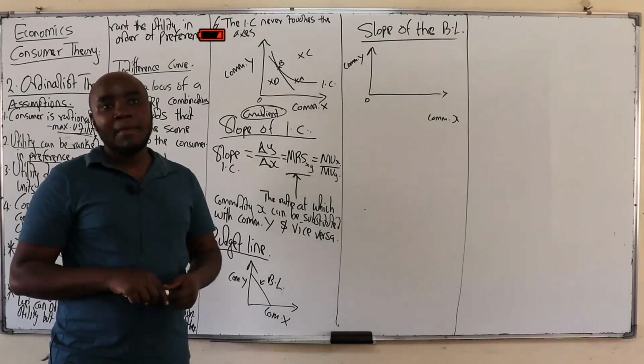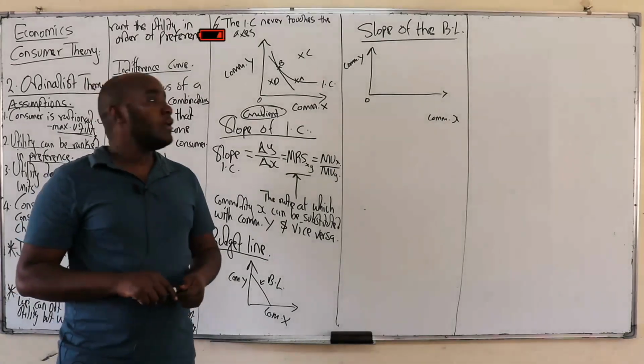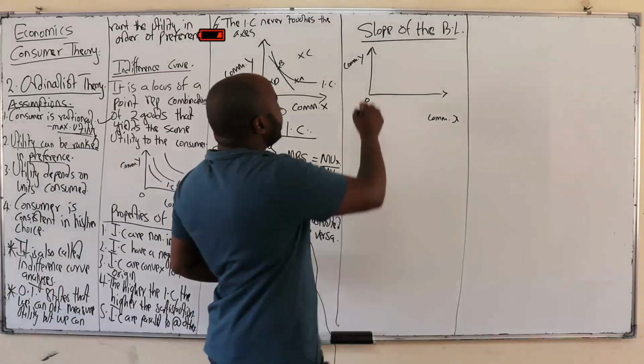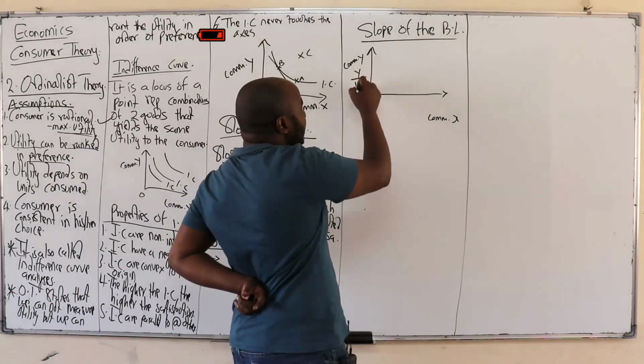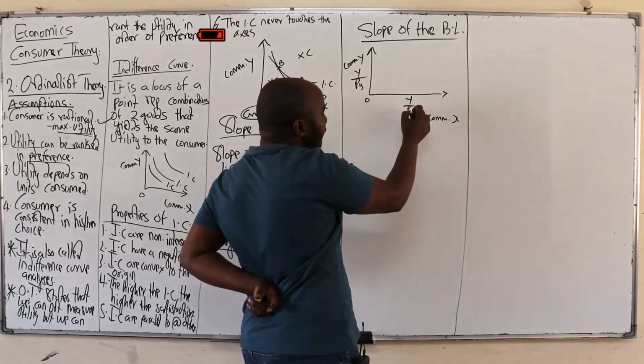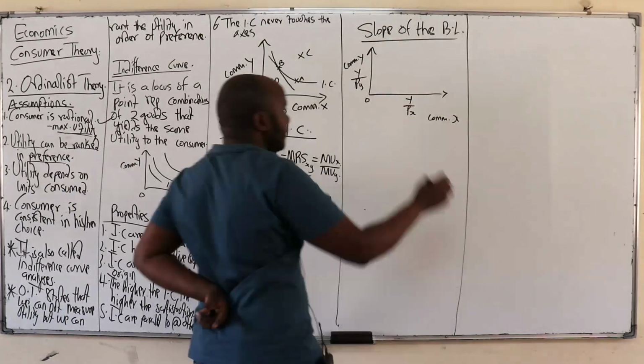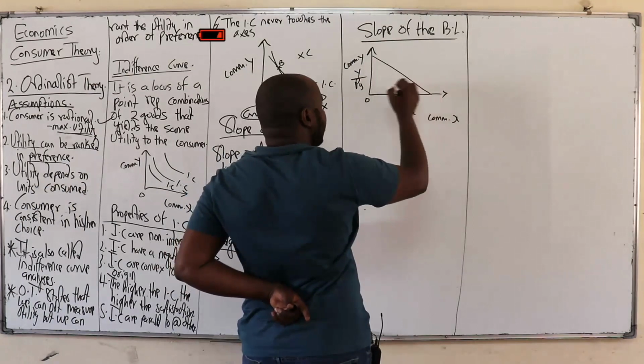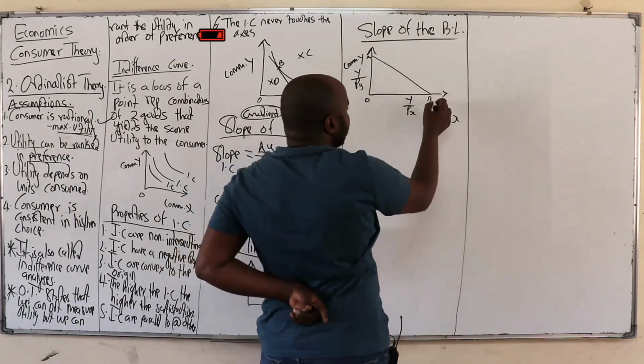We shall have our income in respect to the price of the commodity, such that our budget line, probably from A to B, shall look like that.